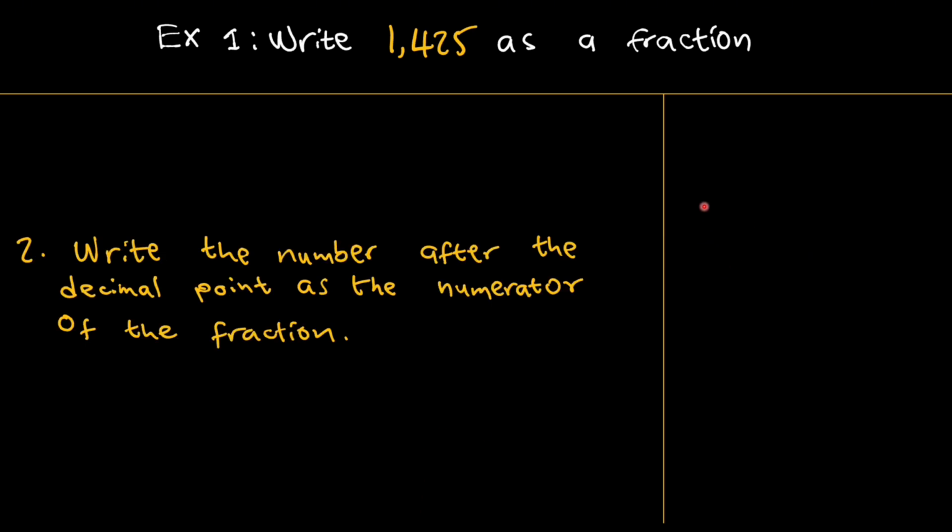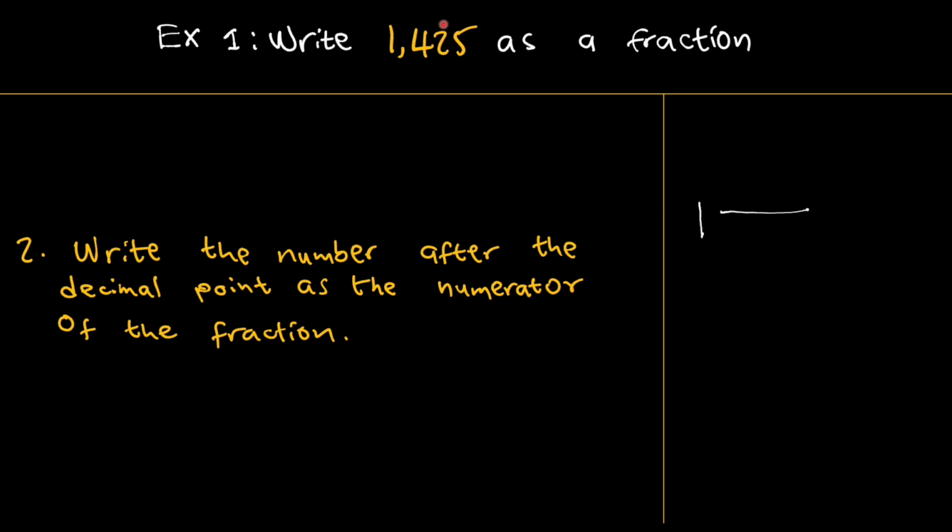Okay, from the previous slide, we know that we have 1, and on this slide we need to determine the number of the numerator for our fraction. Now, write the number after the decimal point as the numerator of the fraction.